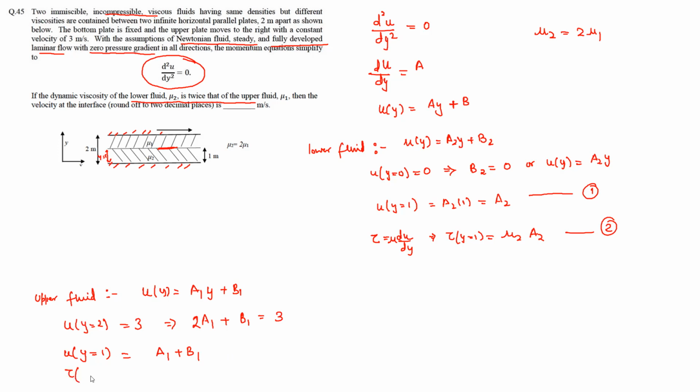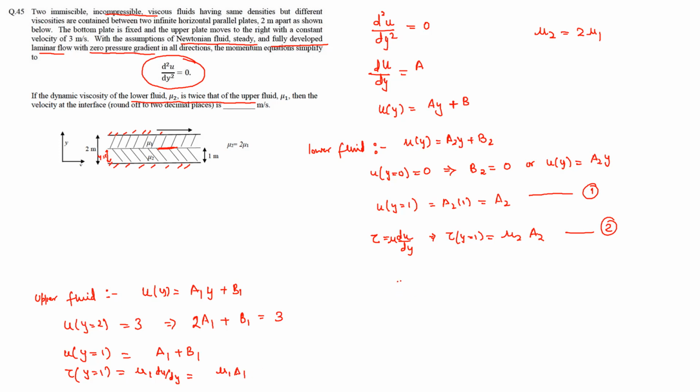Also tau at y is equal to 1 will be equal to mu1 times du dy, and du dy for us is again a1 here, so this is mu1 a1.